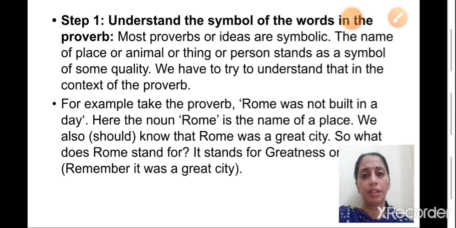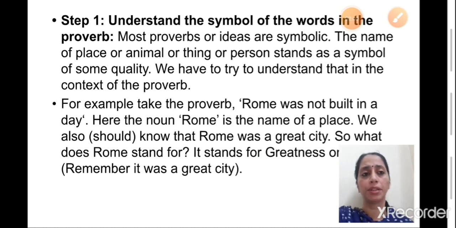These are the steps that we have to keep in mind when we are expanding a proverb. Let's see step 1. Understand the symbols of the word in the proverb. Most proverbs or ideas are symbolic. The name of a place, animal, thing, or a person stands as a symbol of some quality.